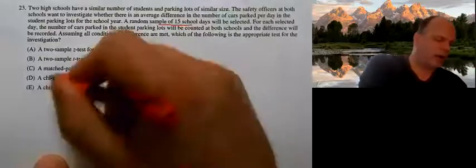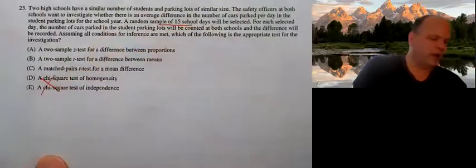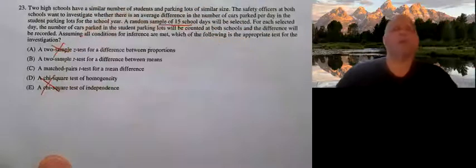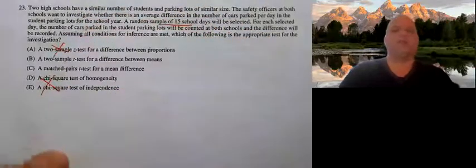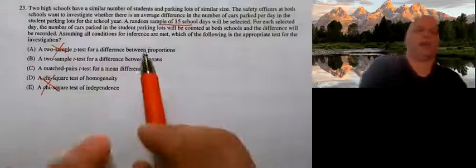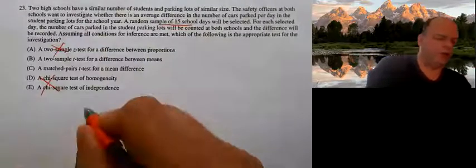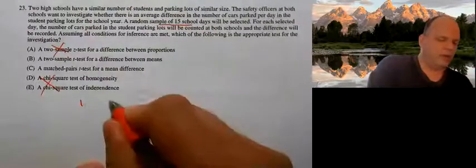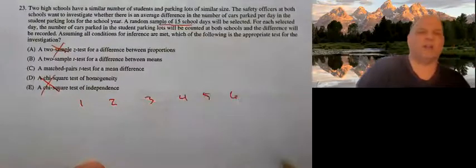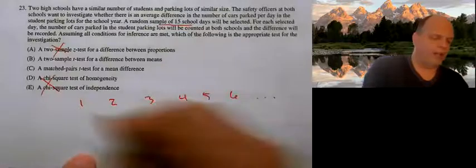So we know we're not working with a chi-square test, and we also know we're not working with proportion. So we're working with one of these two, and we need to be very careful because this can be tricky. Because we can say, hey, we have two different sets of data because we have two different schools. But consider this: we have day 1, 2, 3, 4, 5, and 6, all the way out to day 15.